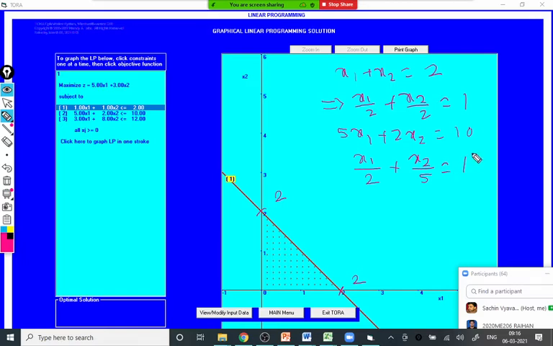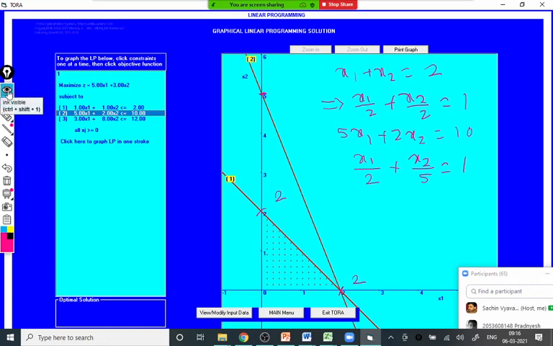On the x1 axis the point will be 2, 0, the same point, and on the x2 axis it is 0, 5. So the next line will go through these 2 points. Let me draw the second constraint and you will see how it looks. You will observe it passes through the point 2 on the x1 axis and 5 on the x2 axis. Is it clear?